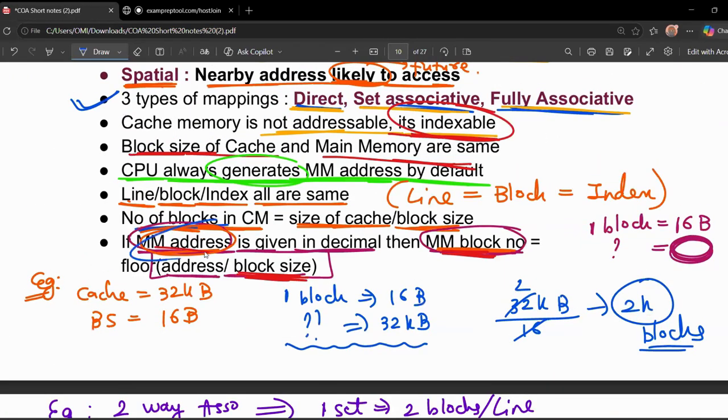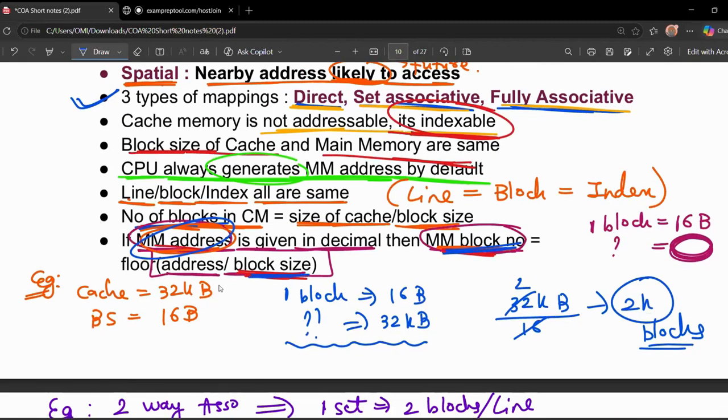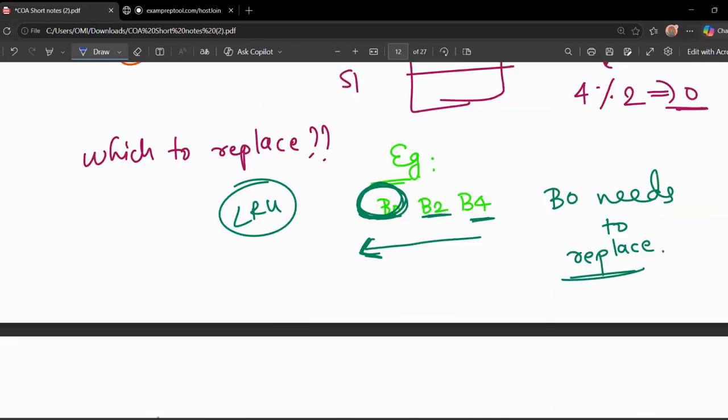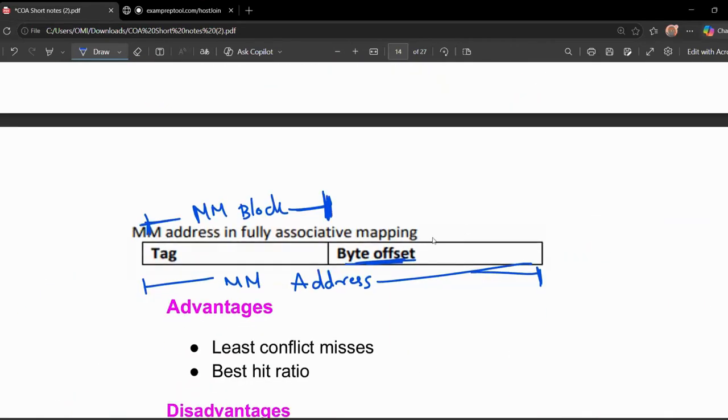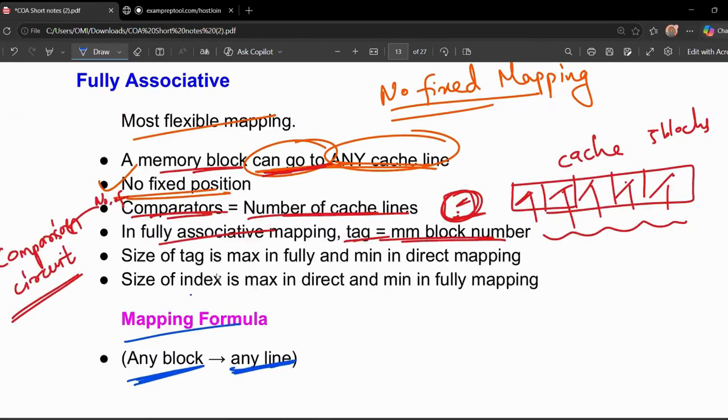If you have the main memory address, how to find the main memory block number? Divide by block size. So I divided by the block size, and what I get is the main memory block. That's what is written here: in fully associative, the tag is the same as the main memory block number.